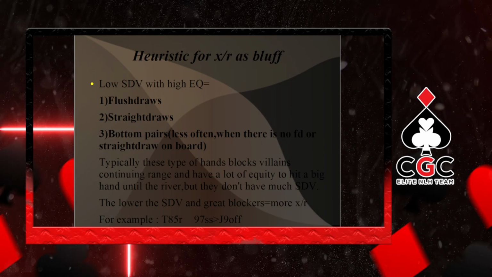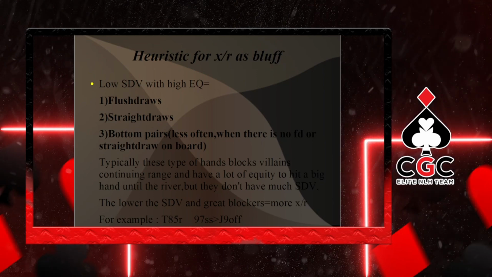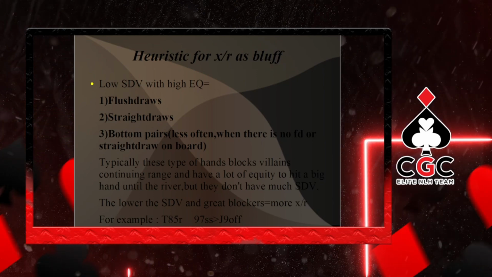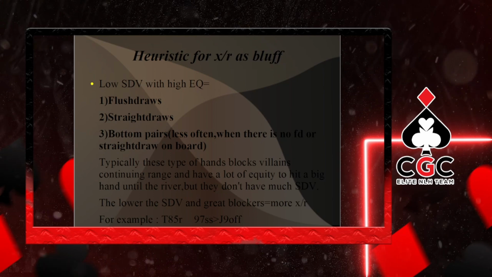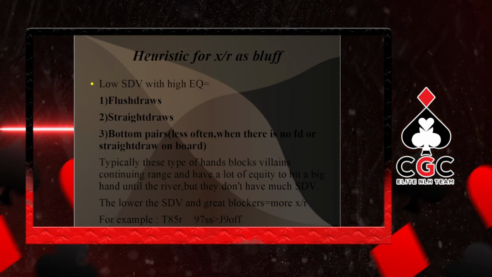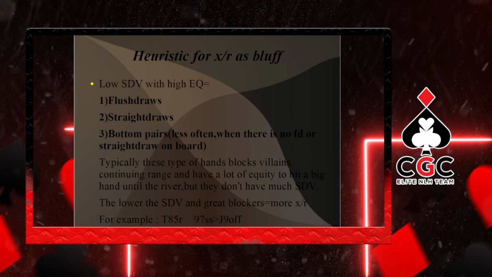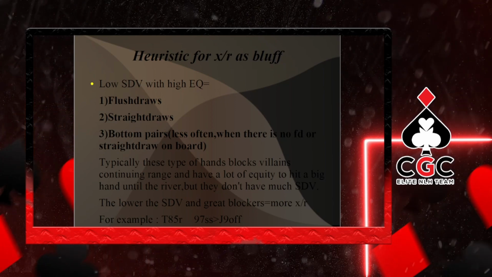And lastly, I want to discuss the heuristic for check raising as a bluff. The basic heuristic to choose what type of combos we want to check raise as a bluff is to look at combos that have low showdown value but very high equity.